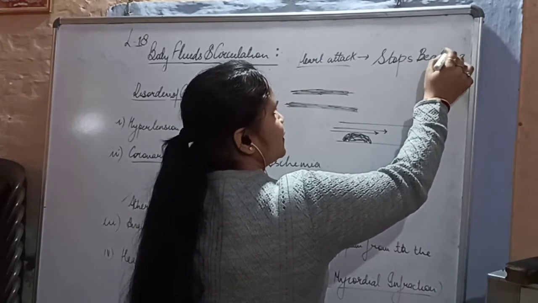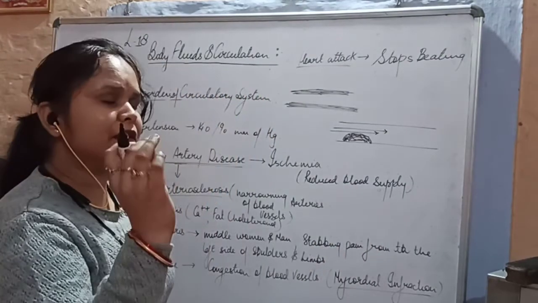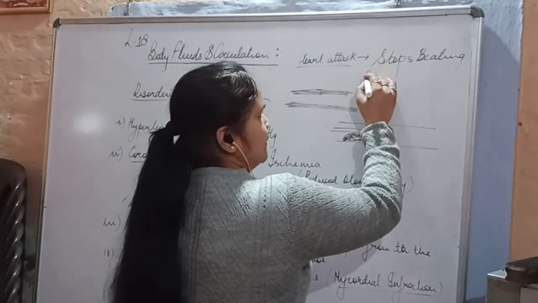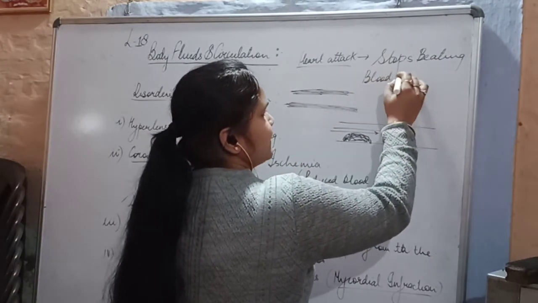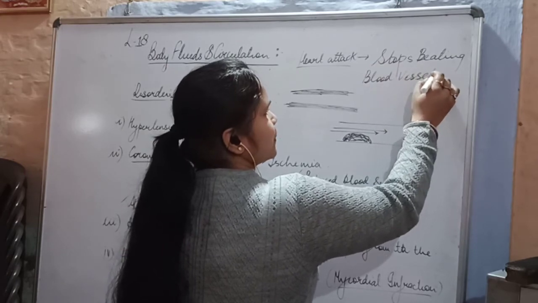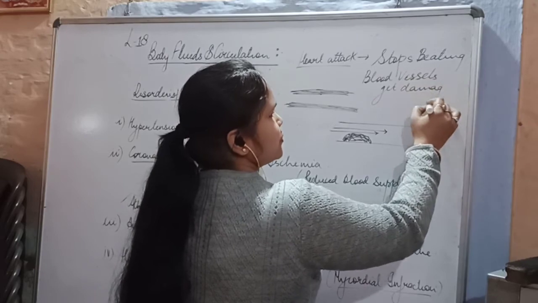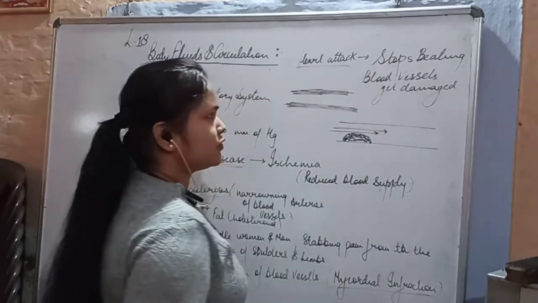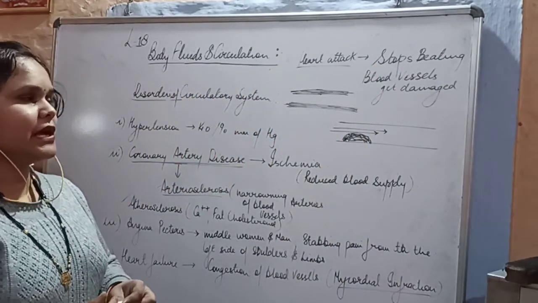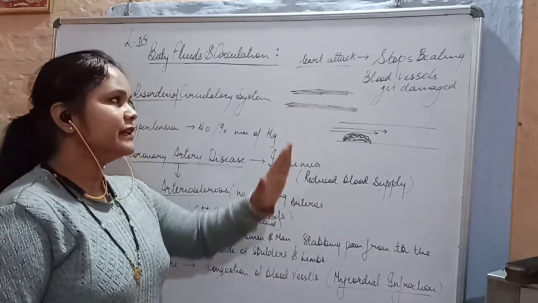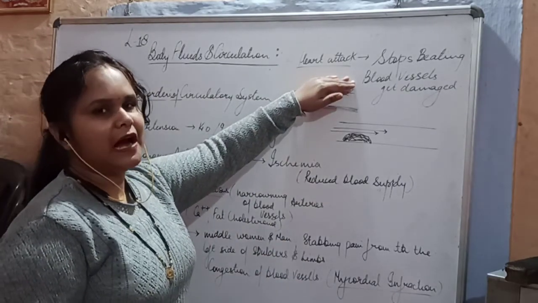Why does it stop beating? Because a blood vessel is damaged. Blood vessels get damaged, so our heart stops working. When the heart does not work, that condition is called a heart attack.